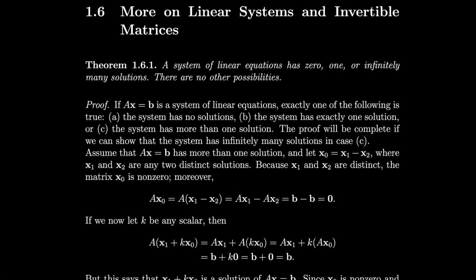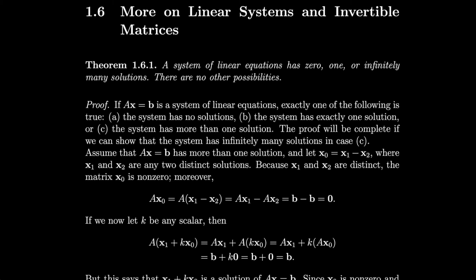If we now let k be any scalar, then A times (x1 plus kx0) is equal to, again, distribute that A, and then we can take out the k, because it's a scalar, so it can come out. Notice Ax1, remember x1 is a solution, so that's just b.